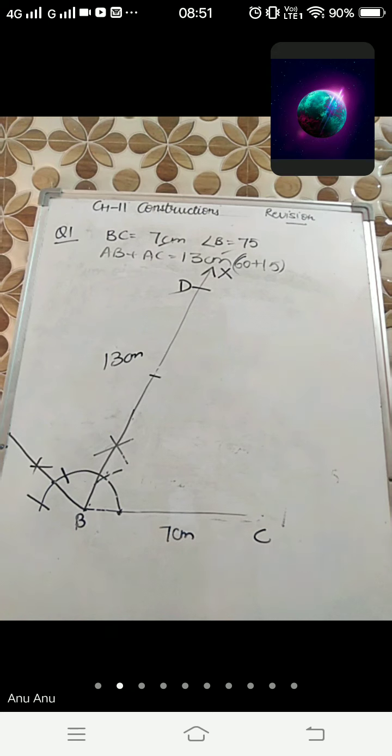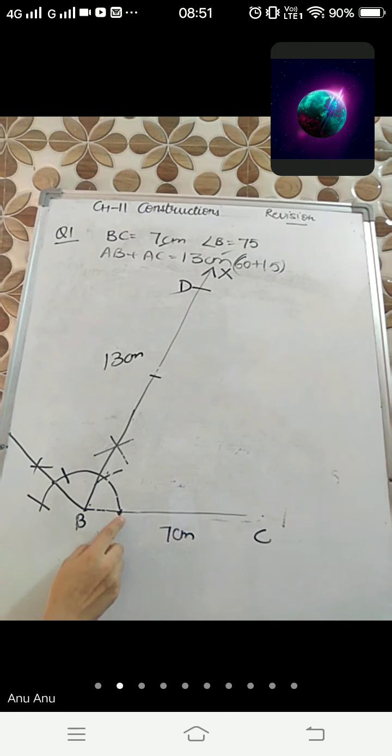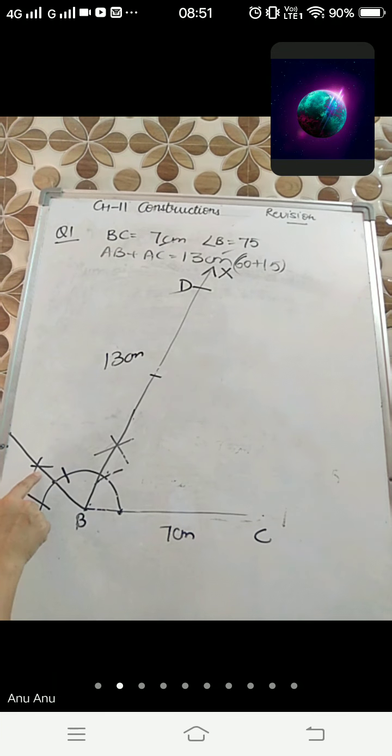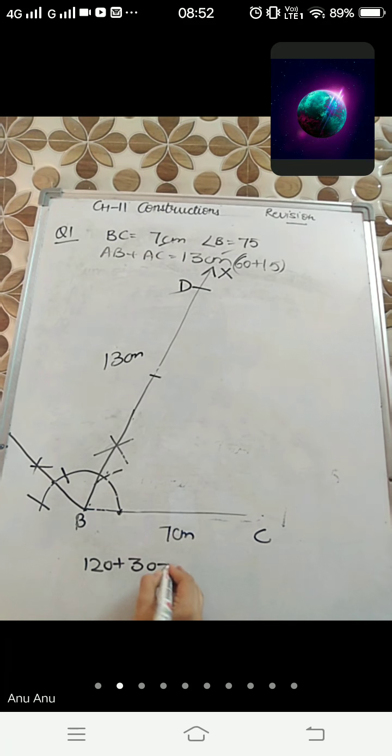Is it okay? What we have done, we have drawn the base. At B, we have drawn 75. 75 is the half of 150. So this angle is 60, then 120, then 180. Half of 120 and 180 will give you 150, because 120 plus 30 is your 150.